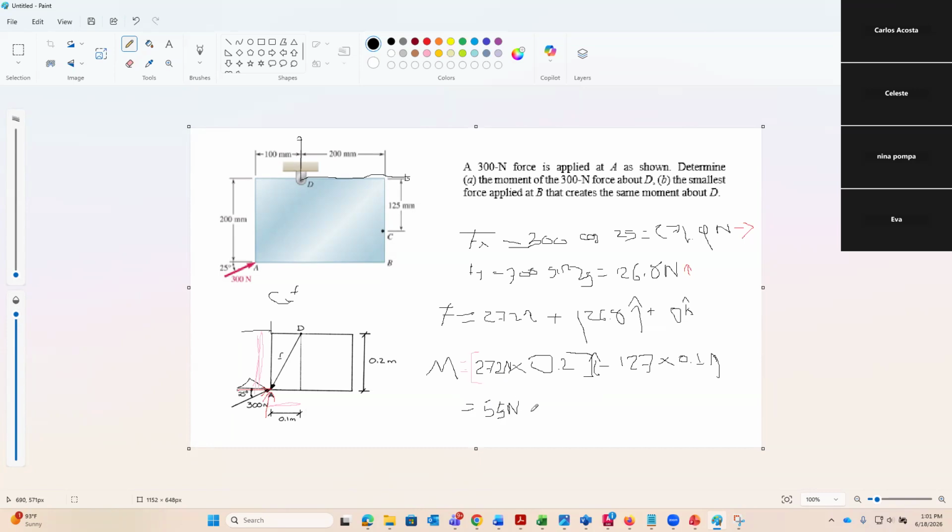And then this is 12.7, in X. This is 12.7, right? 127 times 0.1. Actually, in the exam, if you don't have a calculator, just do round numbers. 0.1 and J.